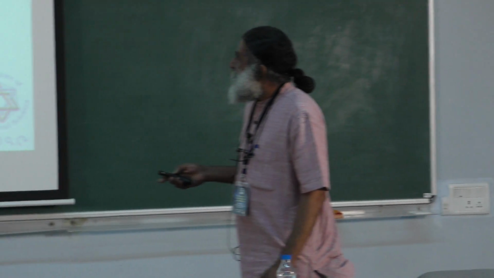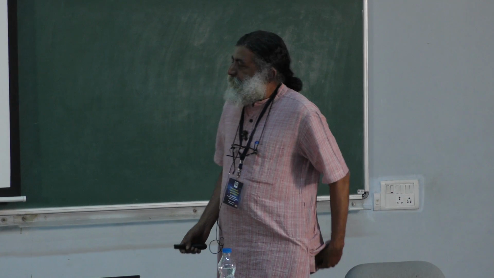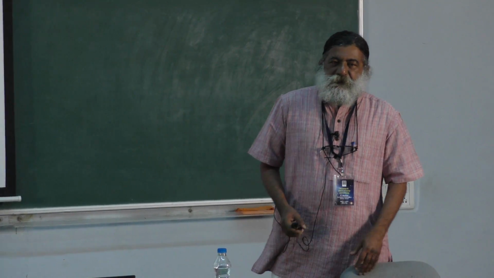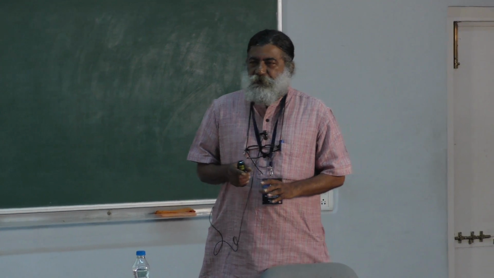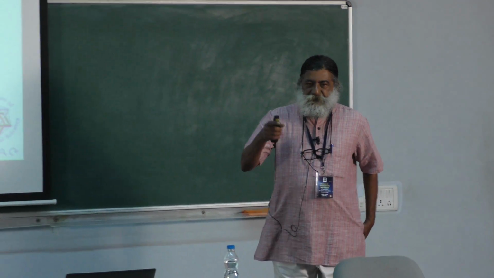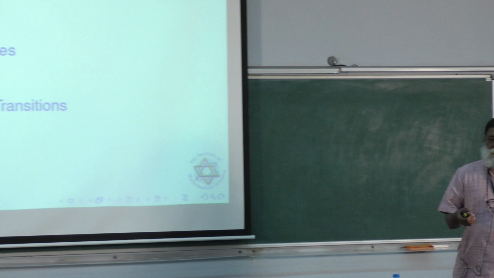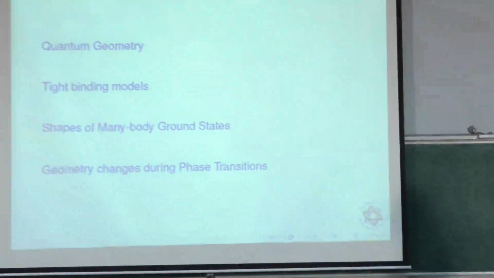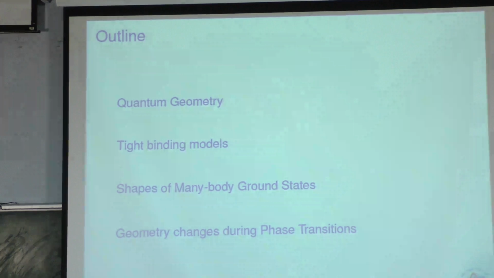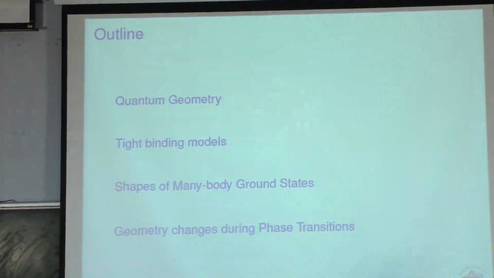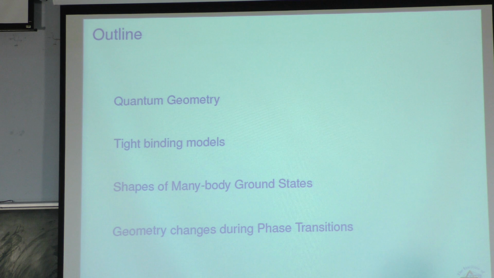So anyway, this is my outline. This quantum geometry is a very old subject, almost as old as quantum mechanics. So I'll initially review what is required for my purpose from that field, what you mean by geometry in Hilbert space. Then talk about how it's applied to condensed matter physics.